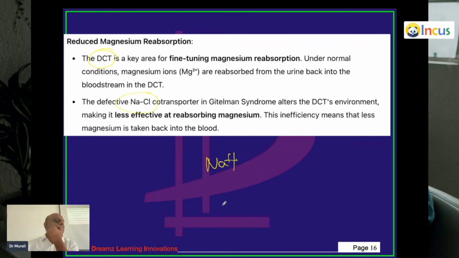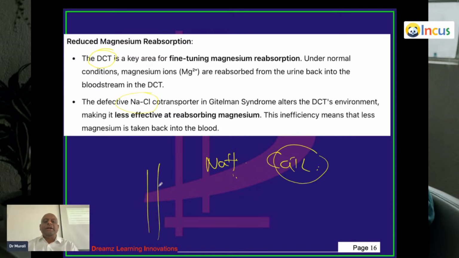Sodium is required for exchange with calcium, right? And you require a certain amount of membrane positivity in order to reabsorb calcium.